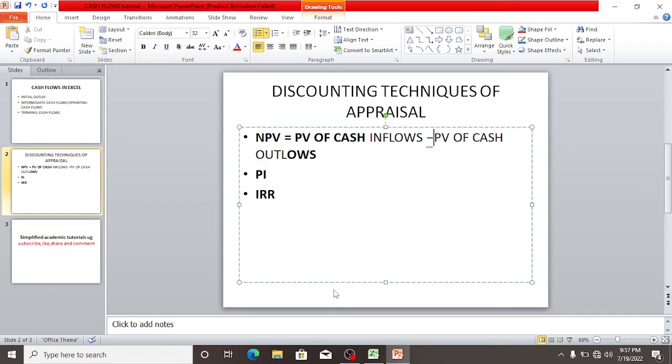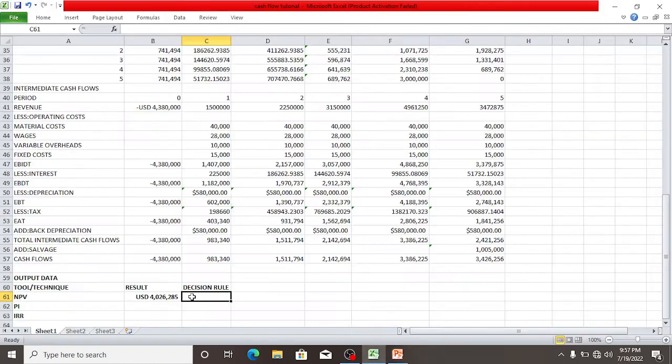So you have interpreted the decision rule for NPV. We are not going to just type it. We know that we are going to accept, because our result is positive. It is 4.26 thousand point something, and then I'm going to use an IF statement. It starts with an equal sign, then I put IF. The logical test is here.